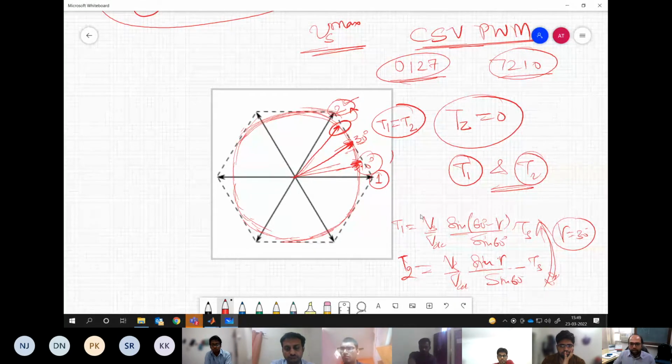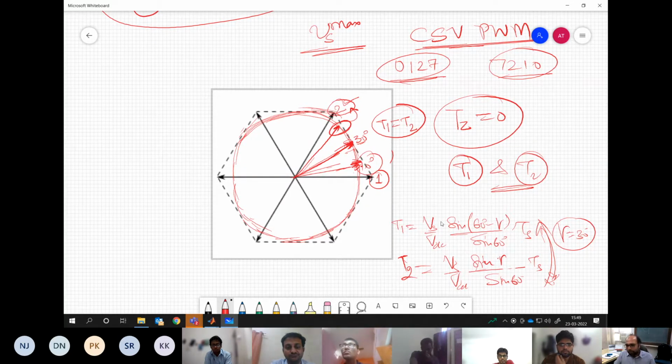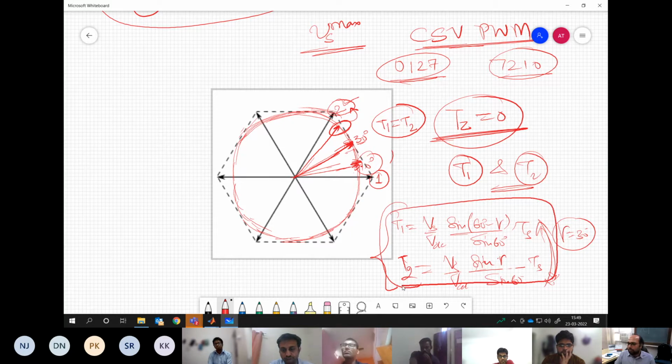That's the general understanding. This vector sample is in the middle of the two, so the contributions from both are significant and equal. Now this is where, if we can equate the zero vector time Tz to 0, it means the maximum utilization of V1 and V2 is achieved. Understand my point? There is nothing further we can do.